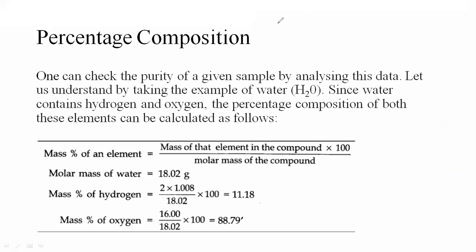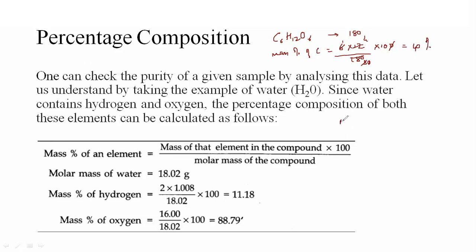You can take the example of C6H12O6. We know the molecular mass of glucose is 180. So the mass percent of carbon is 6 into 12 divided by 180 into 100. That comes out to be 40%.